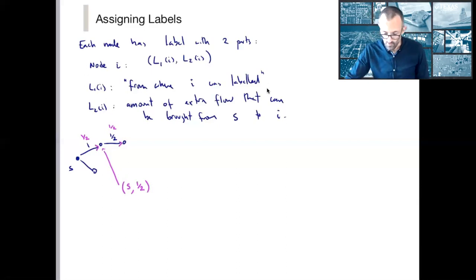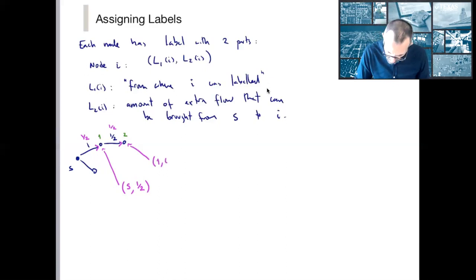Now, in the next round, what would the label of this node be? I guess I need to label what the nodes are. I'll call this node 1, call this node 2. Sorry, there's just too much going on. Now looking at node 2, well, that was labeled from node 1. And what is the extra amount of flow that can be brought?